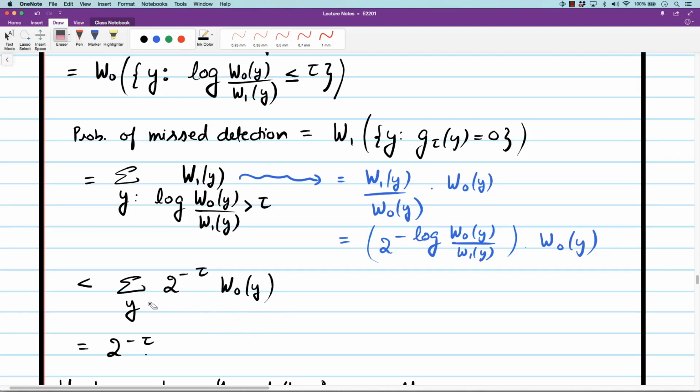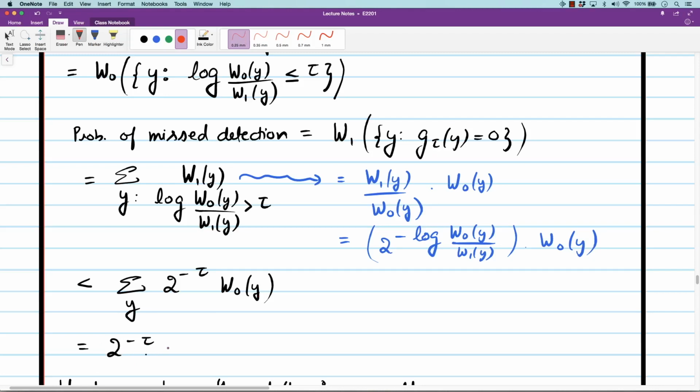So I can remove this restriction, and so this is not equality, it's only an upper bound. But what can you say about summation over y of W0 of y? That's exactly equal to 1, since W0 is a probability measure. It's a probability distribution, a PMF. And therefore, the upper bound that you get for the probability of misdetection for this threshold test with threshold tau is just 2 to the power minus tau. Very simple.